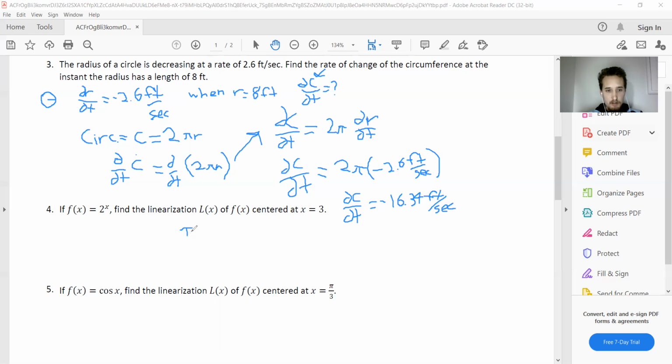So the circumference is decreasing. Circumference is a long word.